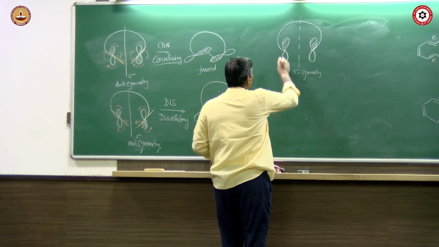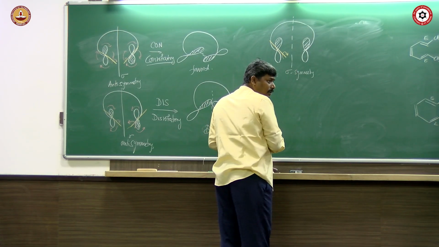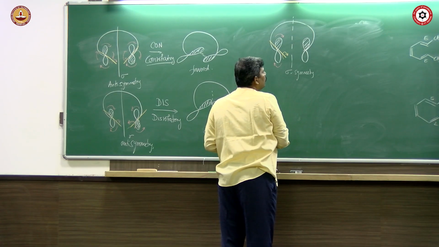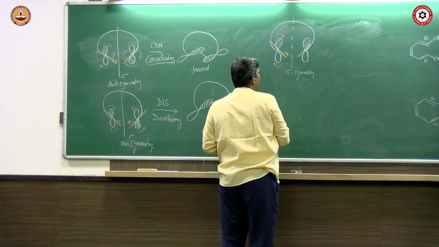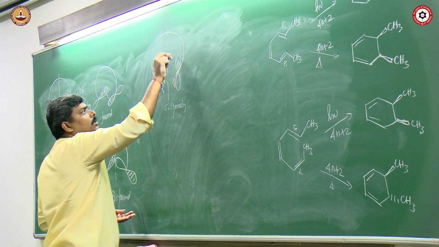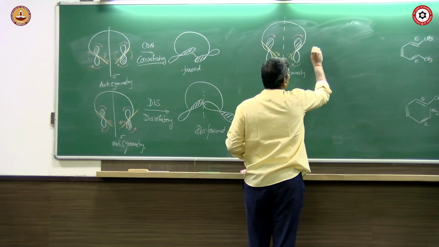So I am going to do now a conrotatory here, and this is a clockwise. The same way I am not changing this, and this again a clockwise, right? So this goes this way and this comes this way, and this would give you a node.